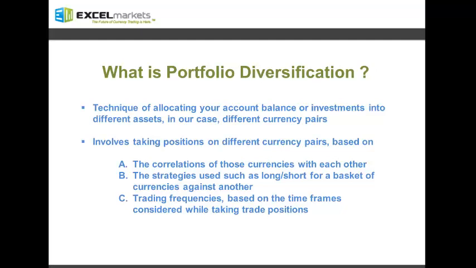This will again be based on the correlations of the currencies selected in that given basket of currencies chosen to trade. And finally, diversification in terms of trading frequencies, that is, the intended time frame for holding on to those trade positions on different currency pairs.